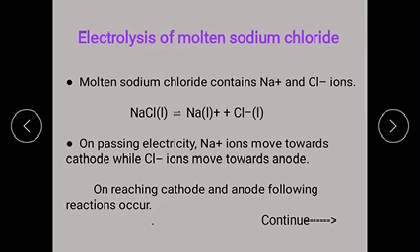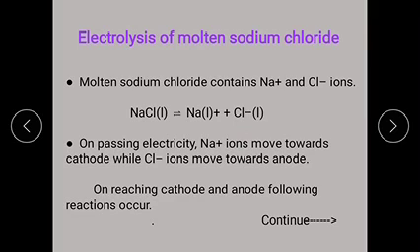When passing the electricity, sodium plus ions move towards the cathode side, because it is a cation. Anions move towards the anode side. Cl minus ions move towards the anode side.